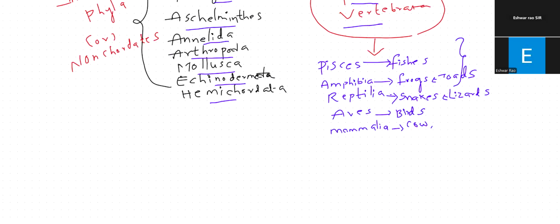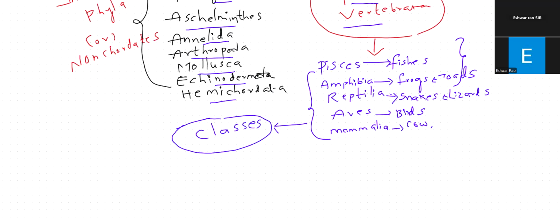These are all classes. You must remember these classes: Pisces, fishes; Amphibia includes frogs and toads; Reptilia, snakes and lizards; Aves includes birds; and Mammalia includes cow, goat, sheep, and milk producing organisms.